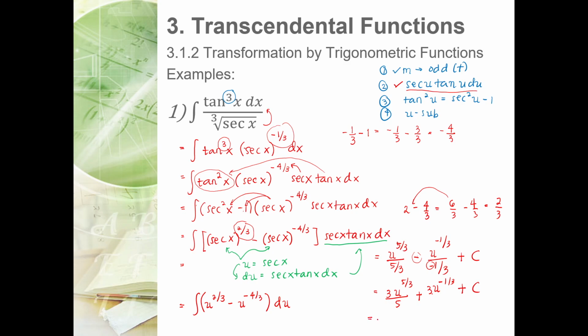Replacing with the secant function, secant x to the power of 5/3 all over 5, plus 3 secant x to the power of negative 1/3, plus c. So this is your final answer.